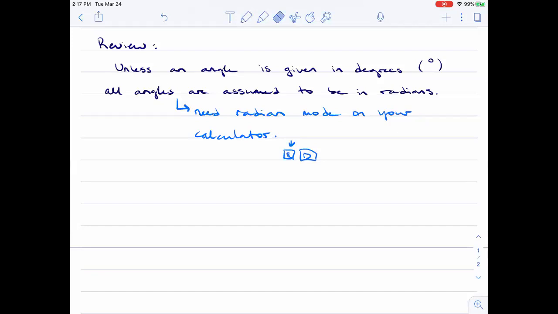So you've got D, R, and G. Kind of faint on your calculator screen, you want this radian mode. This is degree mode. You'll want to be able to check, and depending on your calculator, you can just Google your way to how to change from radians to degrees or vice versa.